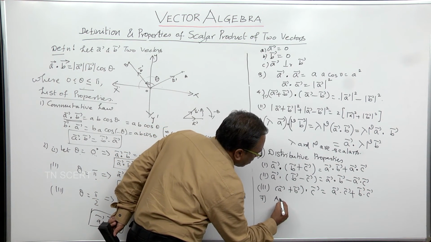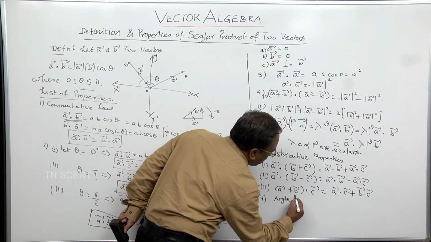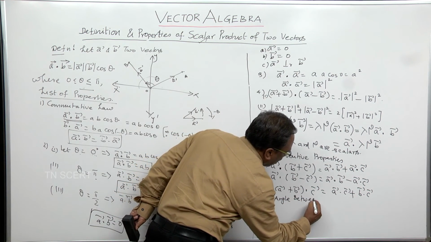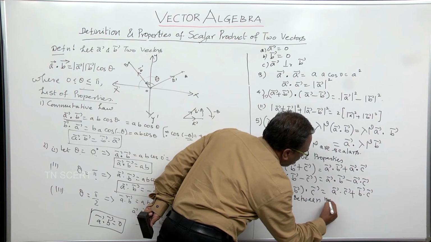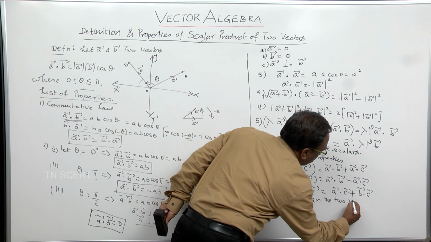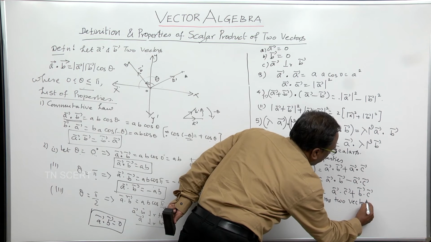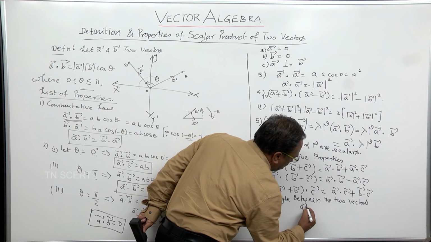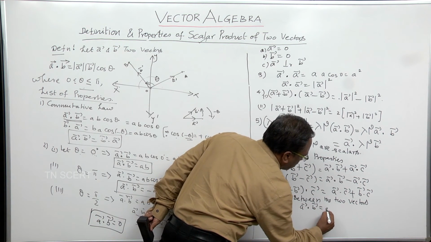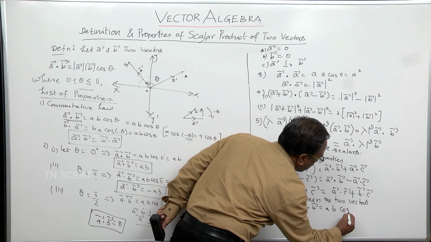Angle between two vectors: we have to use the formula, you have to use the definition. What is the definition of A dot B? A vector dot B vector is equal to AB cos theta.